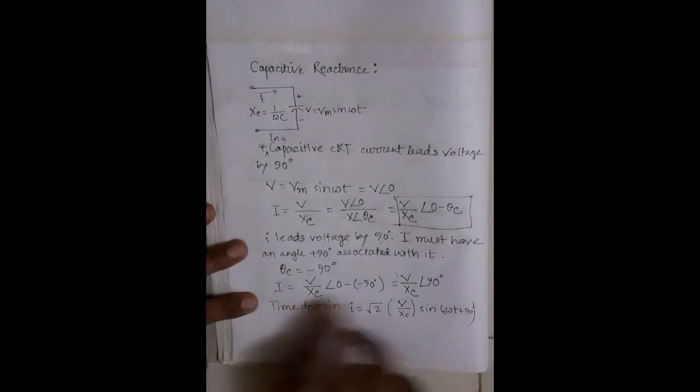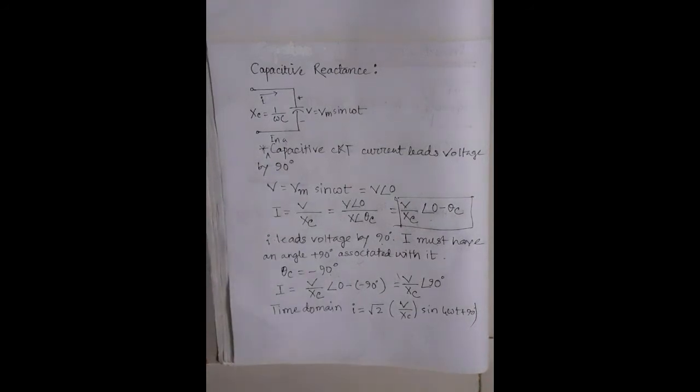This is the notation in time domain. So the fact that theta of C is equal to minus 90 degrees will now be employed in the following polar format for capacitive reactance to ensure the proper phase relationship between voltage and current of a capacitor, right?